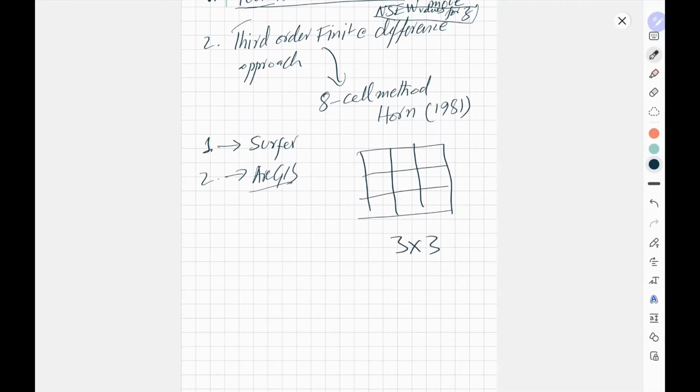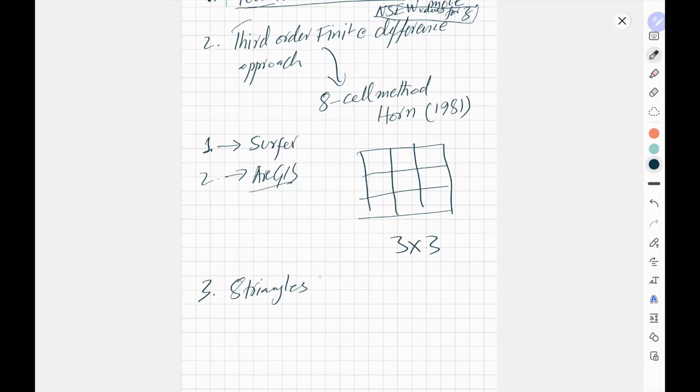It makes use of 8 triangles defined by the midpoints of the 3x3 window centered on the Z.